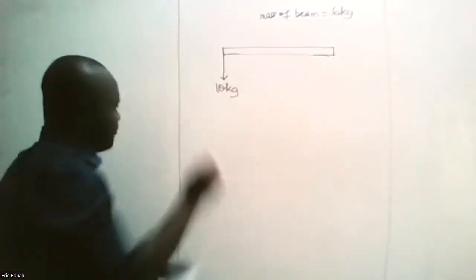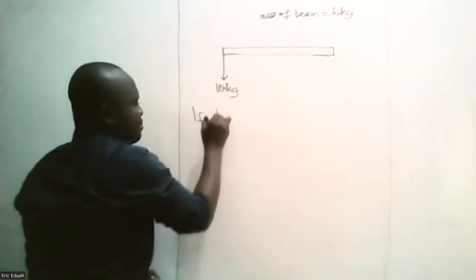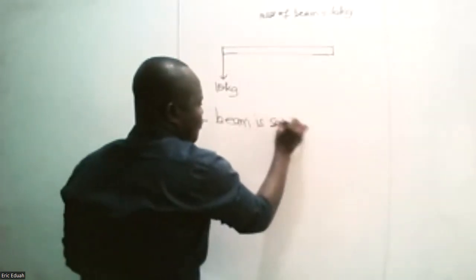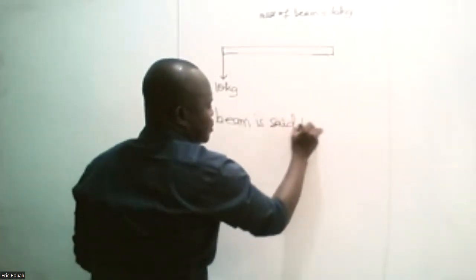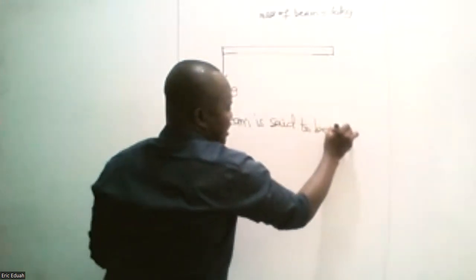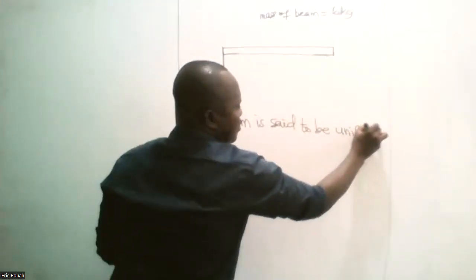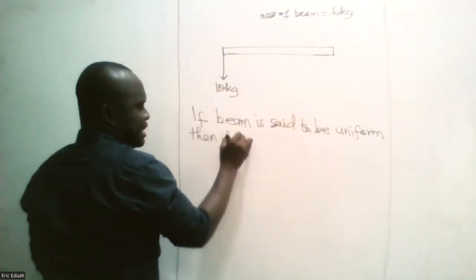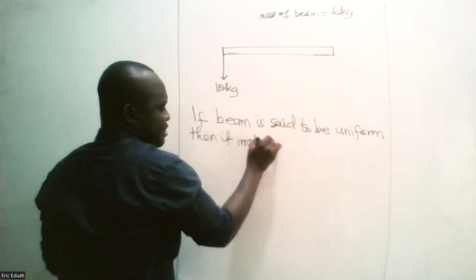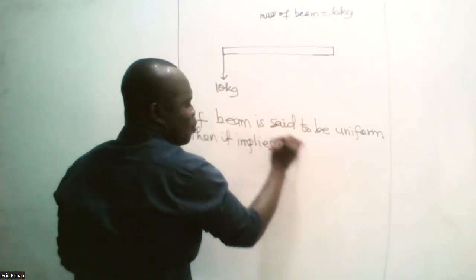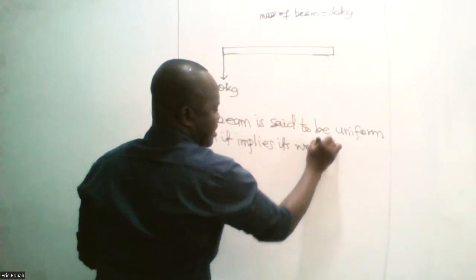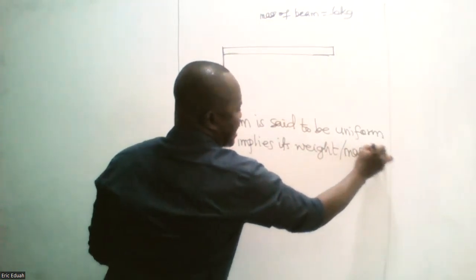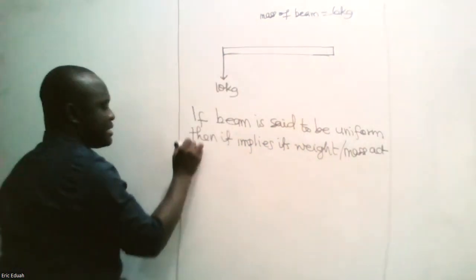So, a beam said to be uniform implies that its weight or mass acts at the center.